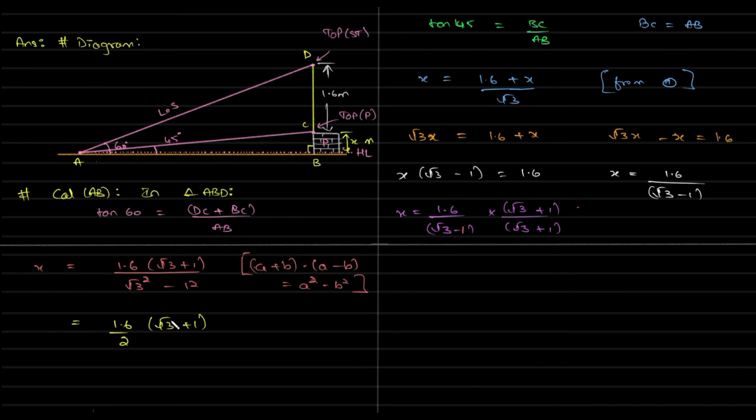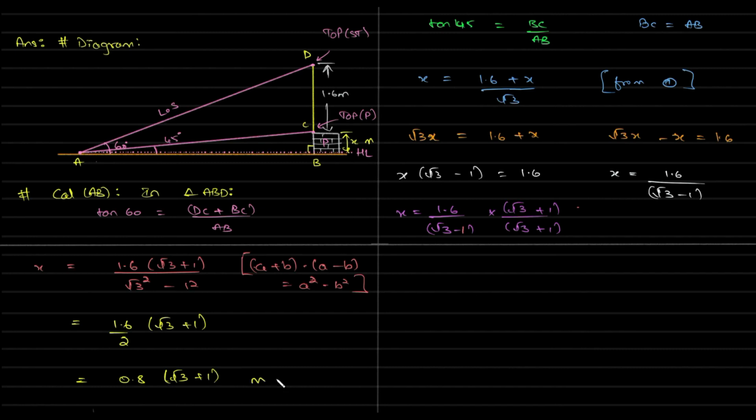Please note that you need not write so much. This is only me writing for the kids who find it difficult. People who can do a lot of math in their head, please skip quite a few steps over here. I'm sure quite a few kids are able to figure it out without writing so much. So you can do so directly. If you want to jump from this step to this step, you can do so.